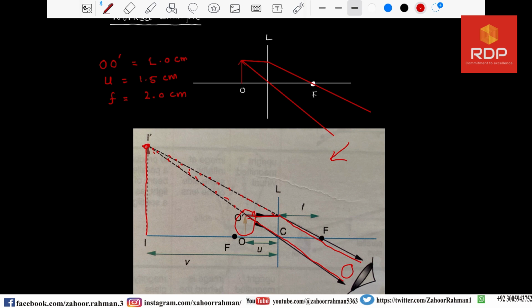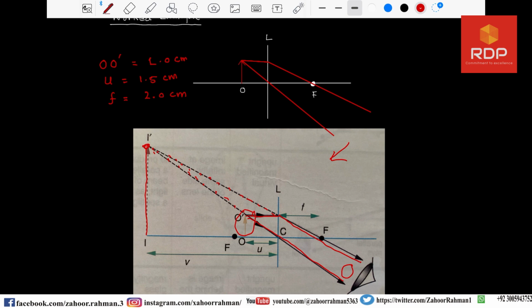The only way to see this image is from the opposite side of the lens, and through the lens you have to observe that image. If you are not observing it through the lens, and you are seeing it with the naked eye like this, you won't be able to see this image. So this is a virtual image.